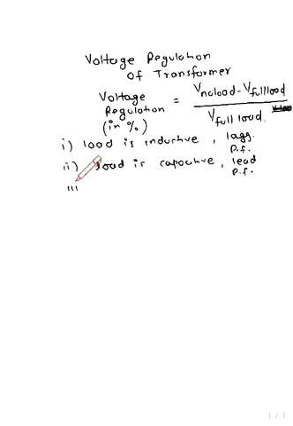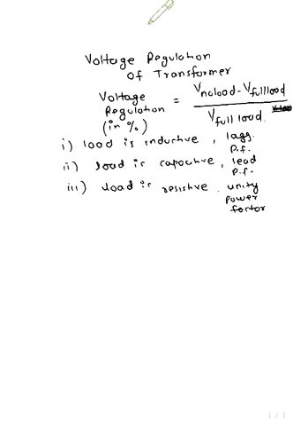And third case is the load is resistive, and we can say the power factor will be unity power factor. So there are three cases of voltage regulation in transformers.